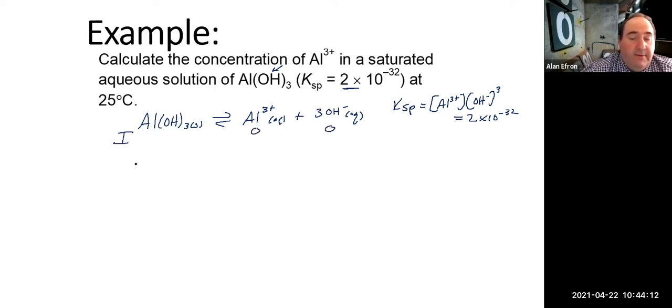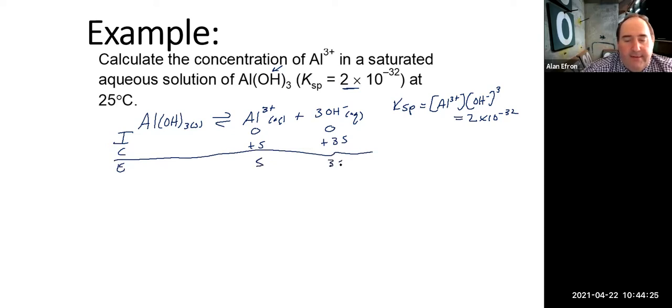So this can be 0 and 0. Change again going to be plus S and plus 3S, ignoring our solid over here so we don't try to use it in the inappropriate way, leaving us with S and 3S in terms of our ice table. Any questions on the ice table there?